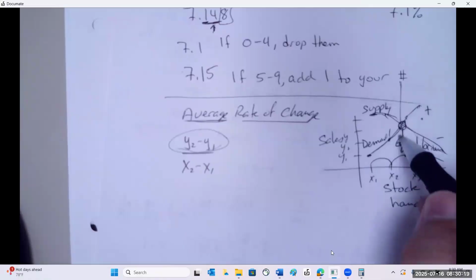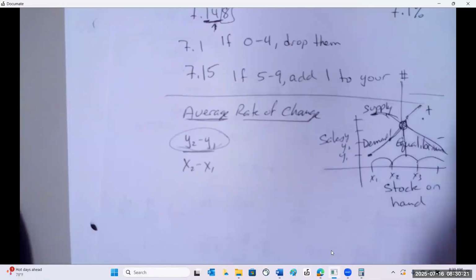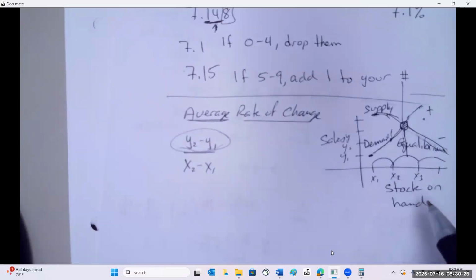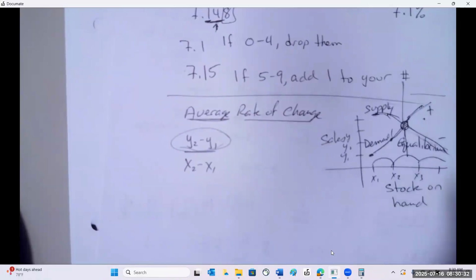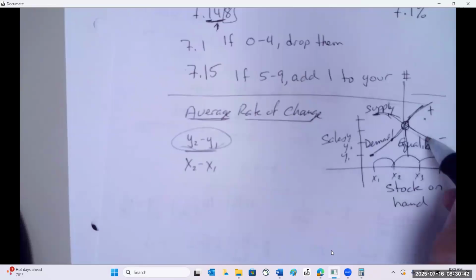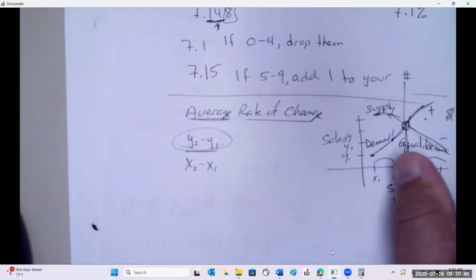But once equilibrium is finished, now who's happy? The department store is happy because you just bought everything they had. They just made a lot of money. You're not happy because you want to buy it and there's nothing out there. What happens to the price? It goes up, because whenever demand outweighs supply, the price shoots up.